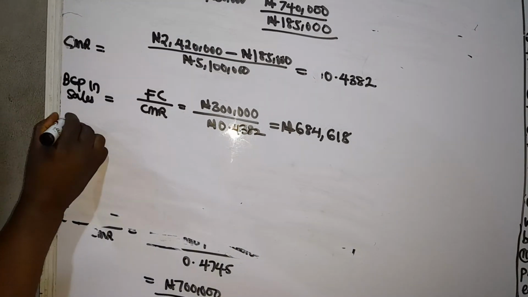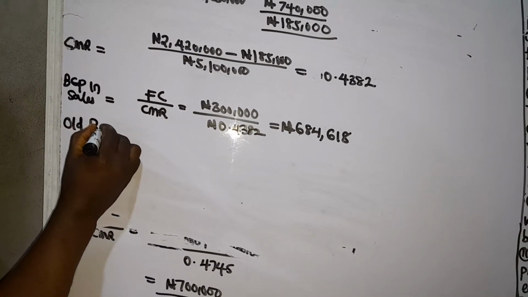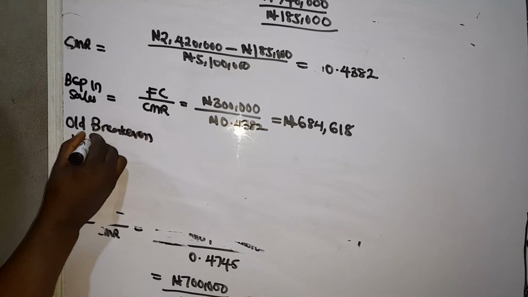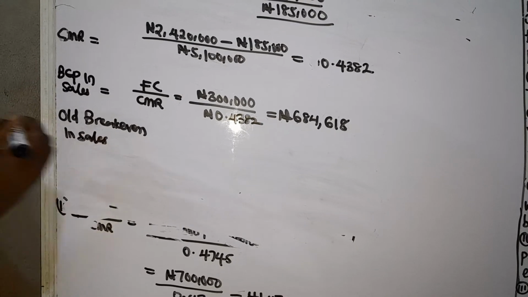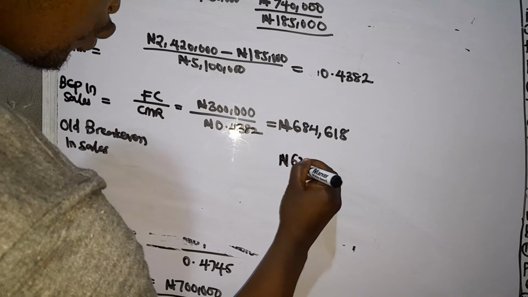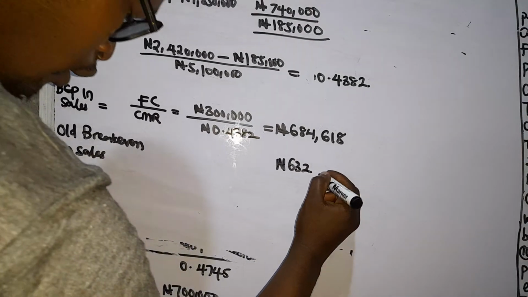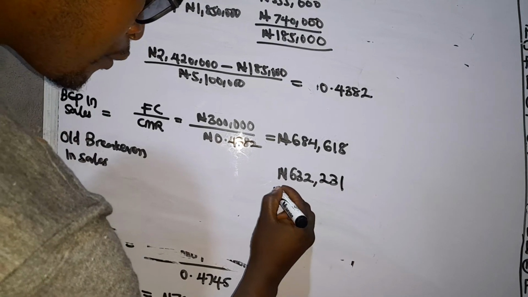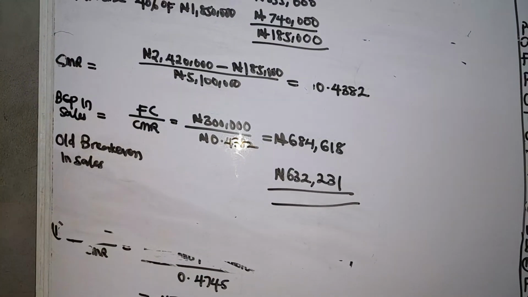The old break-even point in sales in our previous calculation was 632,231. So let's get the difference.